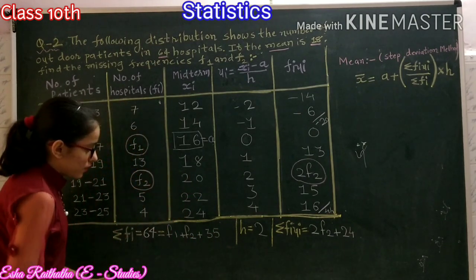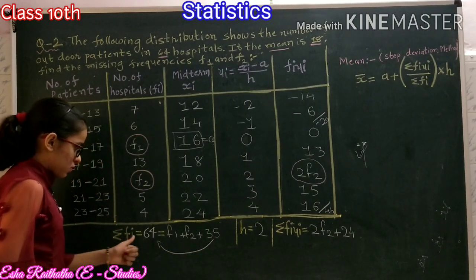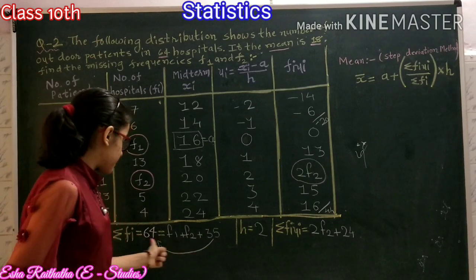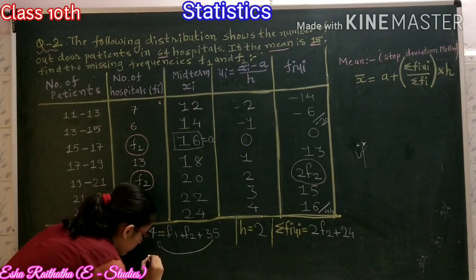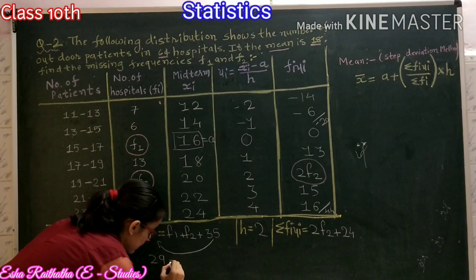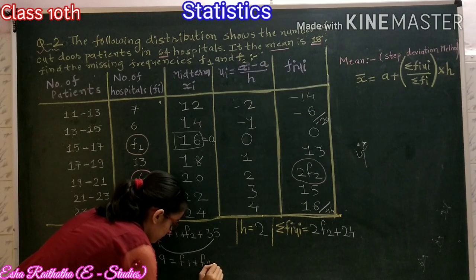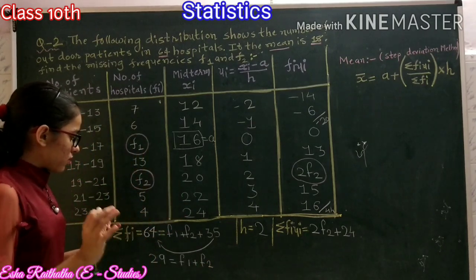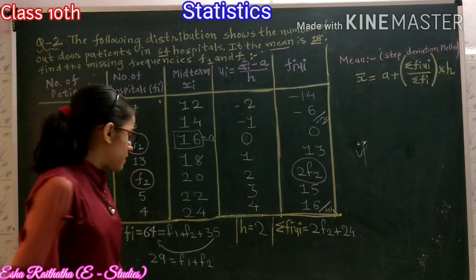Now we will move 35 to the other side and change its sign. 64 minus 35 will be 29. So we write here 29 is equal to F1 plus F2. For now we will do till this only. Afterwards we will see what happens.